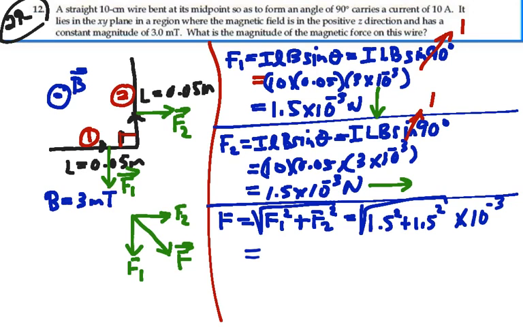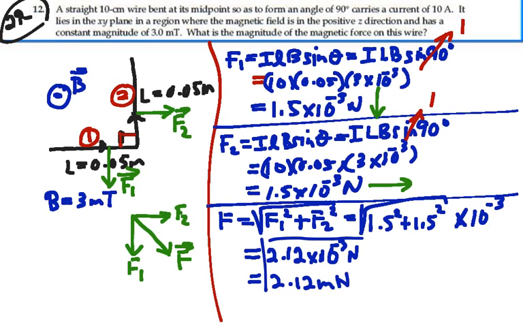And that is equal to 2.12 times 10 to the minus 3 newtons. Or we could say 2.12 millinewtons is our net force on this wire segment. That's the magnitude of the force. Angle going down at a 45-degree angle as I've drawn it. But 2.12 millinewtons.